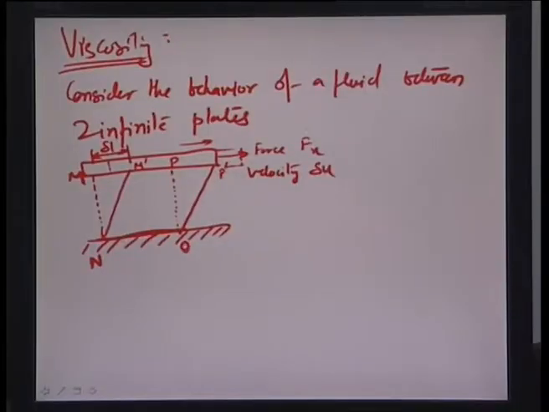As you go ahead in the y direction, you have a velocity gradient which comes up because of this, and there are these layers which are kind of shearing off or sliding over each other as the fluid deforms from the position MNOP to M'N'O'P'. Okay, MNOP to M'N'O'P'.